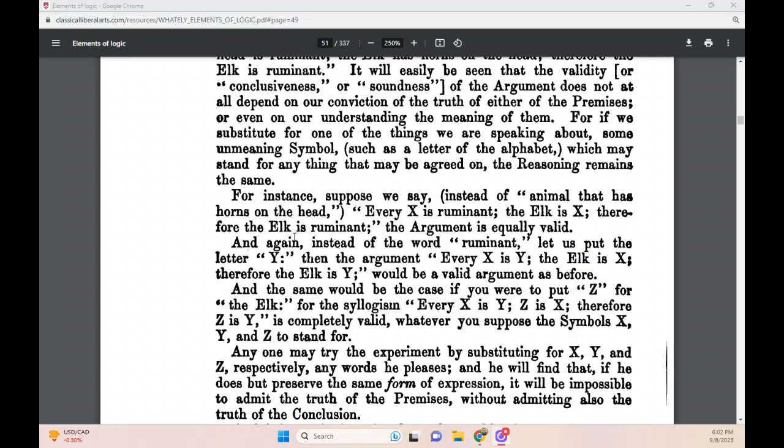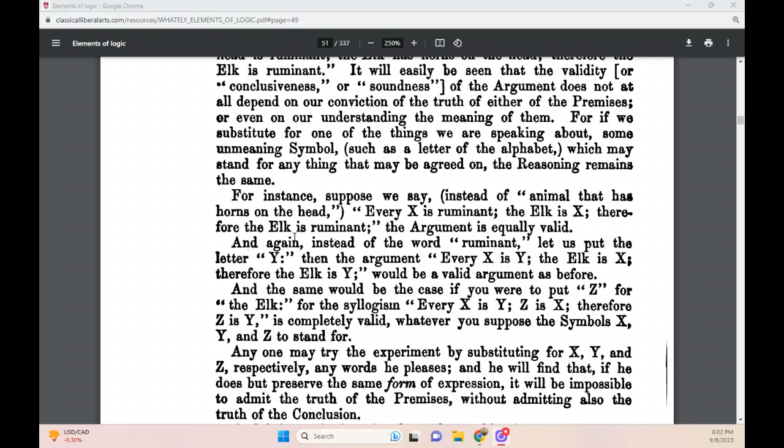All ruminant animals are contained in this large circle. Inside that circle is a smaller circle labeled X. Every X is inside the ruminant circle. So picture that, a large circle labeled ruminants and a smaller circle inside labeled X.